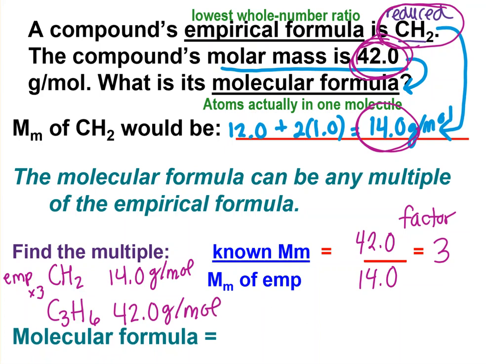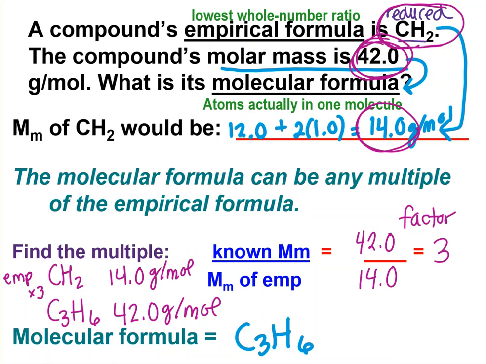So therefore, our molecular formula is C3H6. This all makes it sound more complicated than it really is, but we need to get these words straight: the molecular formula is a multiple of the reduced empirical formula.